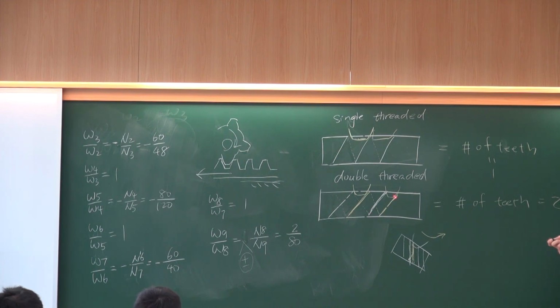Because this one rotates 1 cycle, it moves the teeth by 2 steps, basically the distance of 2 teeth. So here we just put N8 equal to 2.